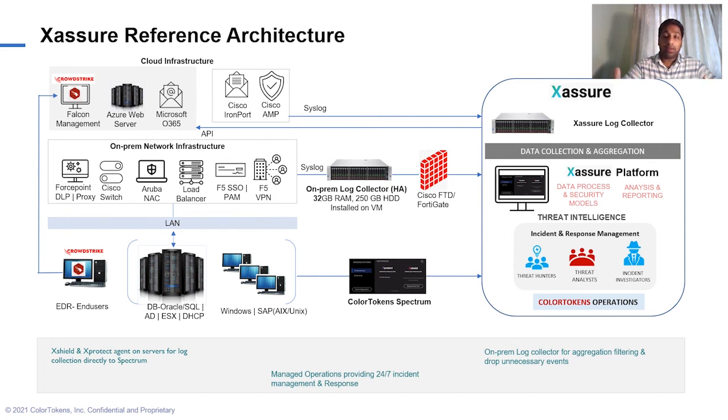In the right hand corner you can see the X-Assure log collector, which integrates with other third-party devices through APIs, and correlates all the information with available ColorToken products, the microsegmentation and endpoint security with X-Protect, and secure access through X-Access.